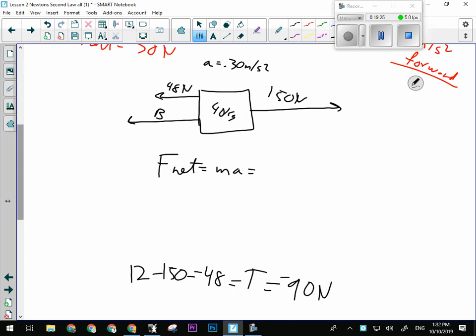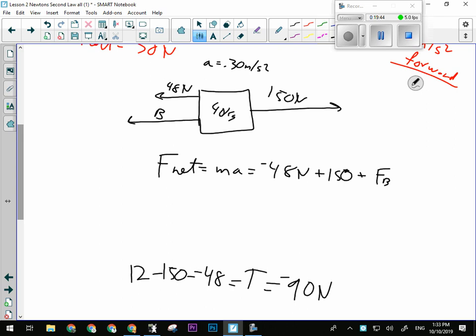Because I know that this force, negative 48, plus 150, plus the force of B, those 3 things will add up to whatever I get for the net force, right? Because net force can be calculated by m times a, or the vector sum of all forces.